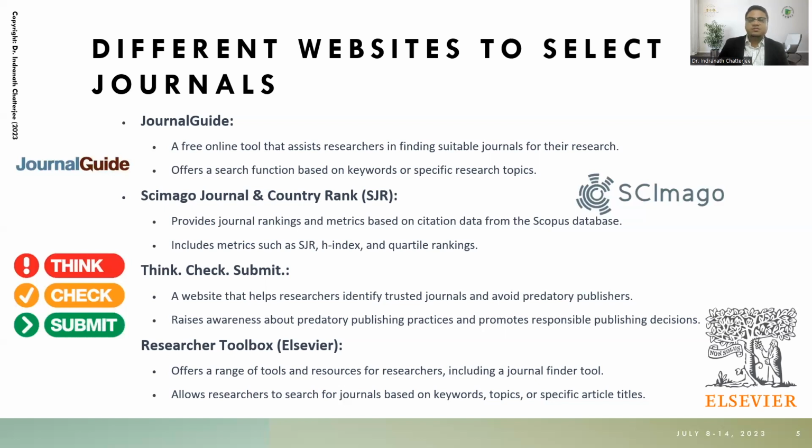So Scimago will give a complete understanding of the journal, and it will show you visually the graphs and charts of how the journal has been performing in the last 5 years, whether it has been improving or degrading. So you can see everything. You can see the H index, SJR value, and all these things. So you can decide whether the journal is really good or bad.